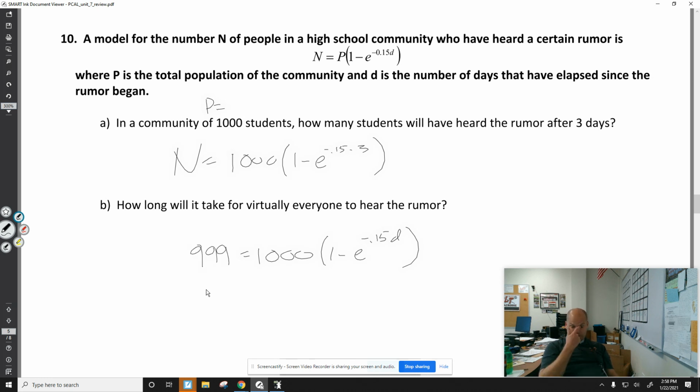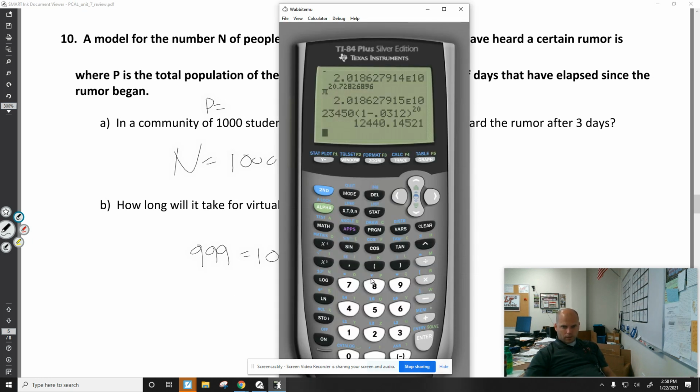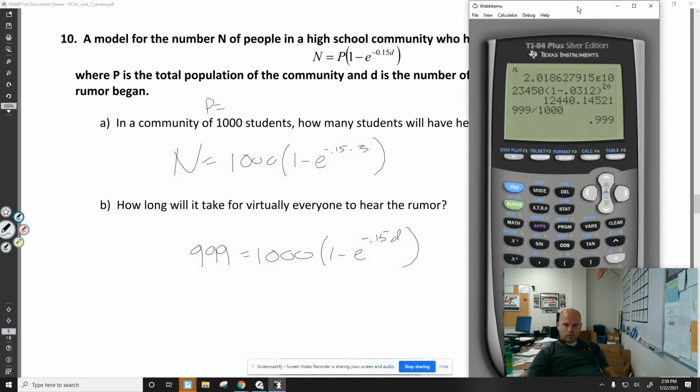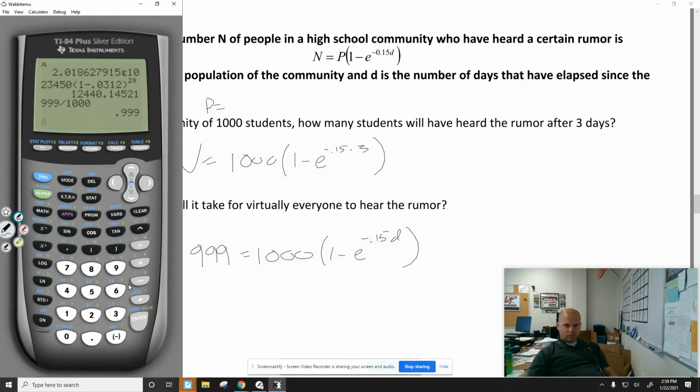So I'm going to divide. I use my calculator. 999 people have heard it. Okay. I then will subtract 1. Take the opposite of both sides. So I get 0.001 equals... I took the opposite of both sides.